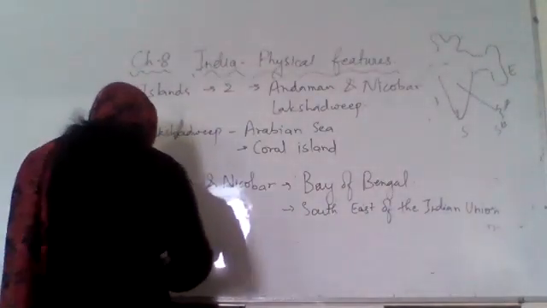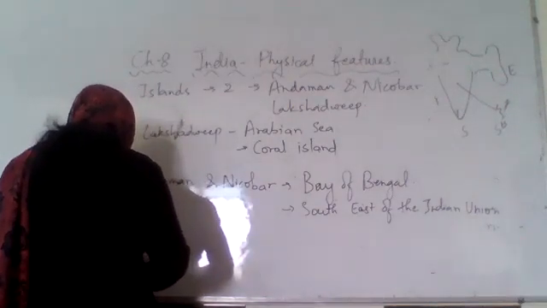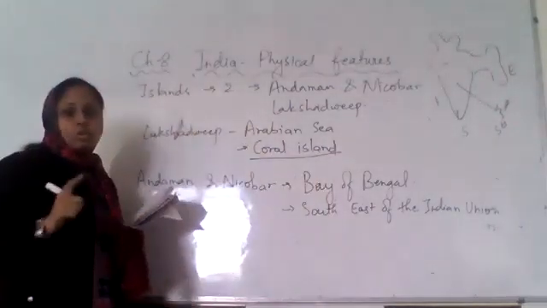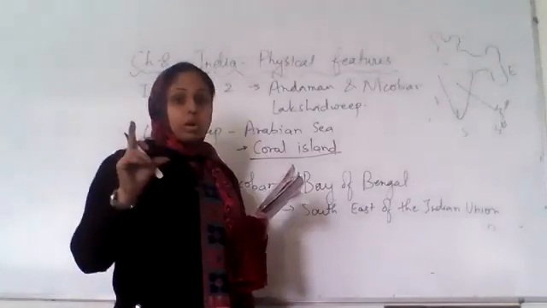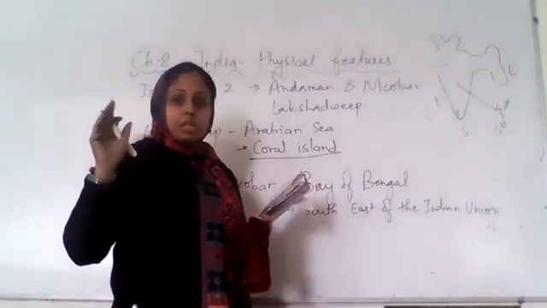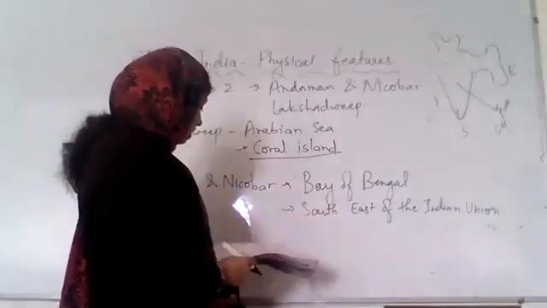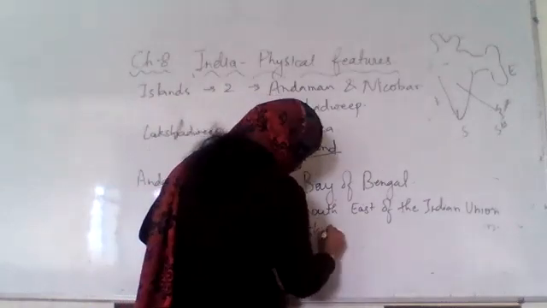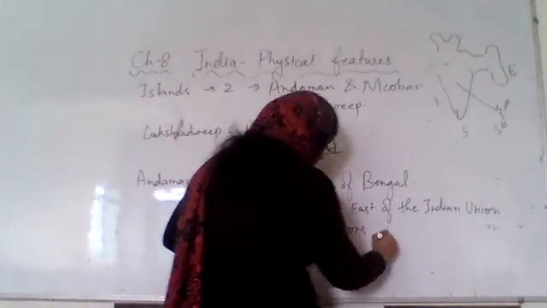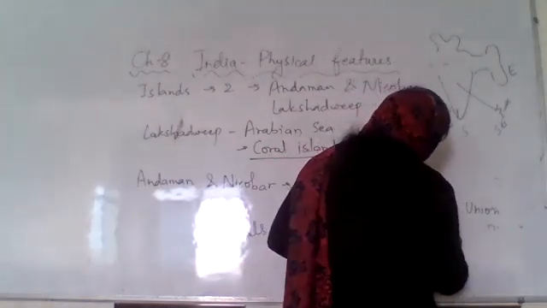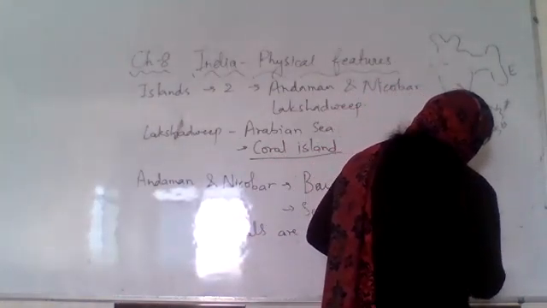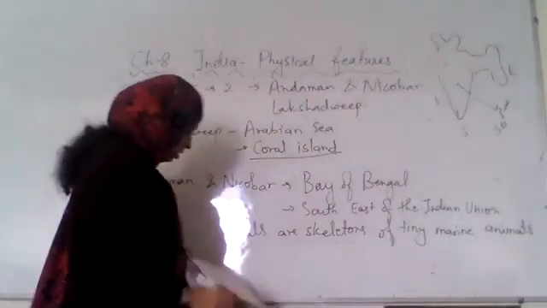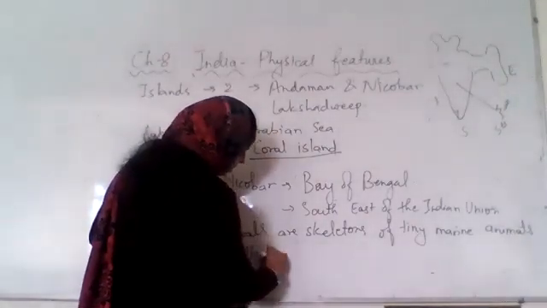Then what do you understand by coral island? You would have read about the coral reef in EVS in junior class. Here the corals are actually skeletons of tiny marine animals which are called polyps.